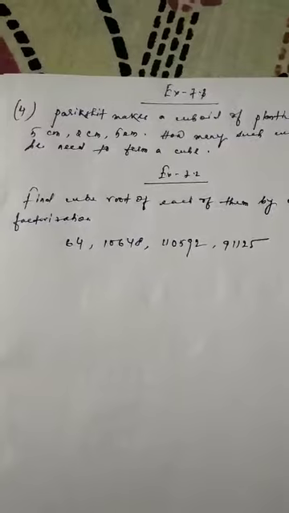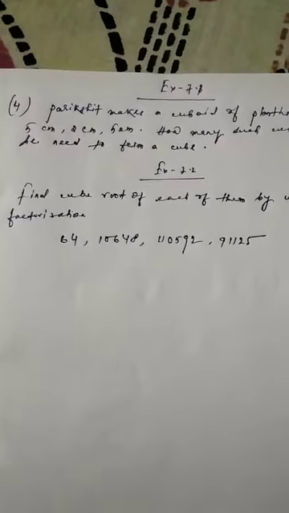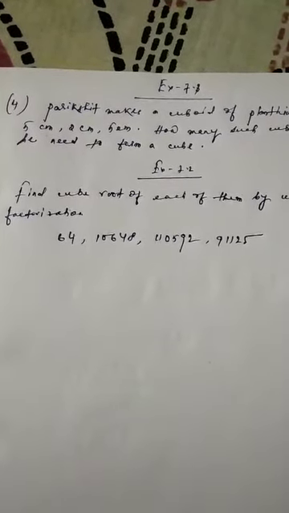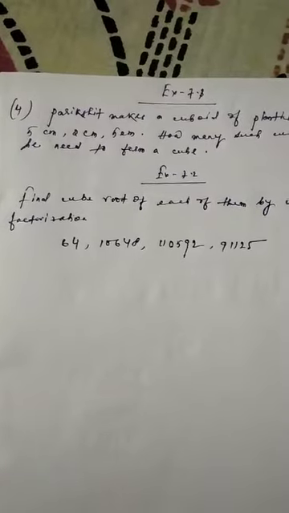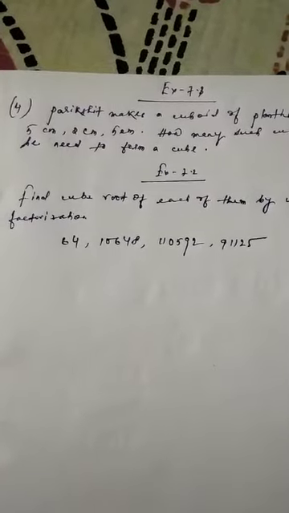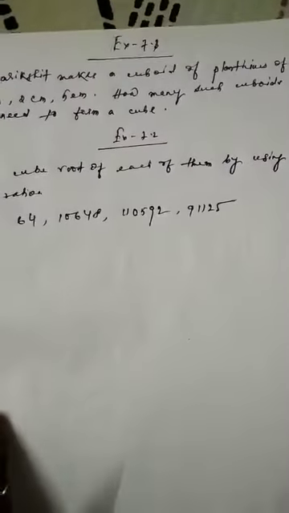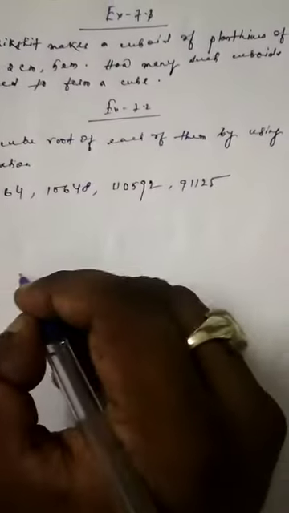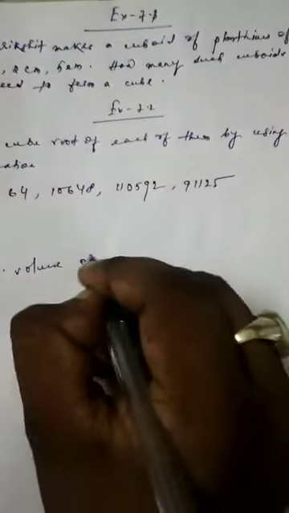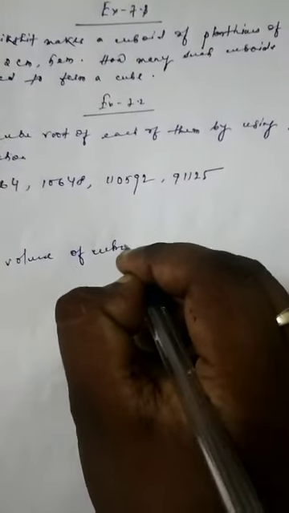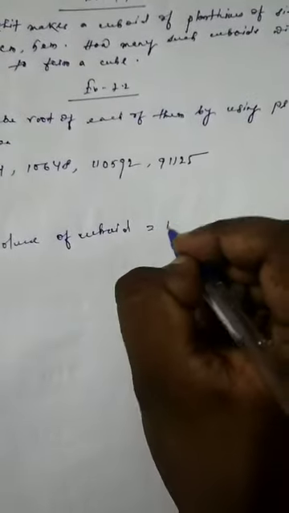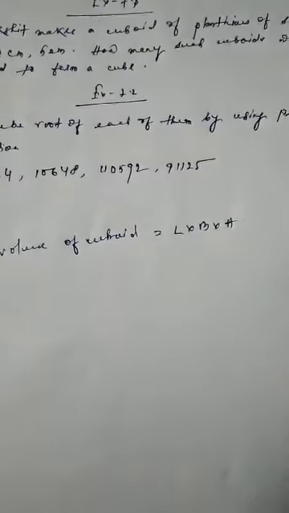Children, the very first thing that we need to understand is the volume of such a cuboid. Let us find the volume of the cuboid. There is a formula, children. Volume of cuboid is equal to length into breadth into height.